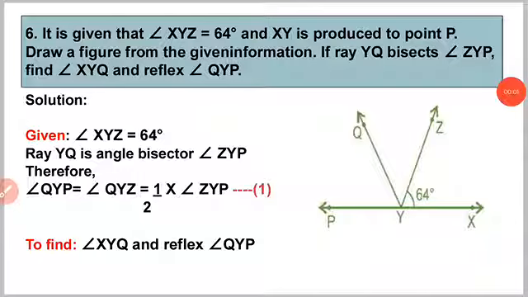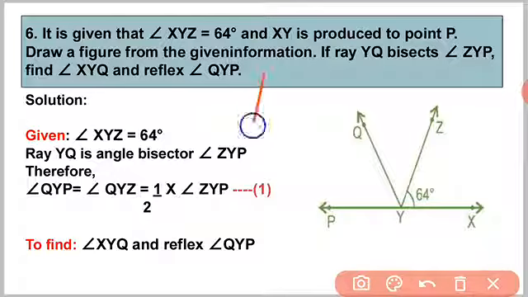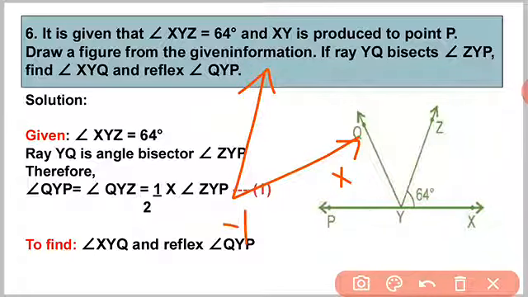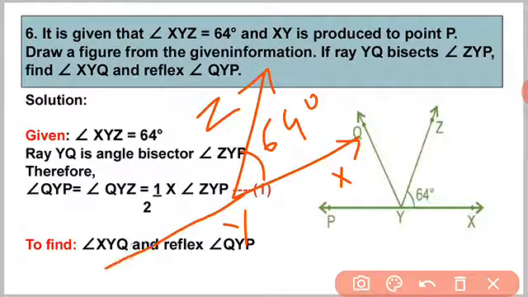Now let's take question number 6. It is given that angle XYZ is equal to 64 degrees and XY is produced to point P. So let's make angle XYZ, which is equal to 64 degrees, and XY is produced to point P. Ray YQ bisects the angle ZYP.